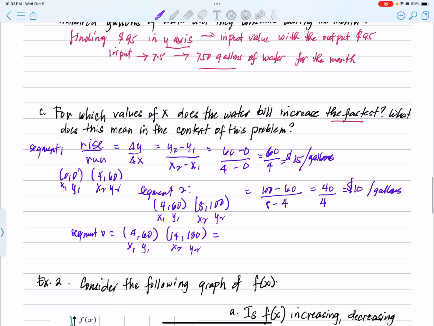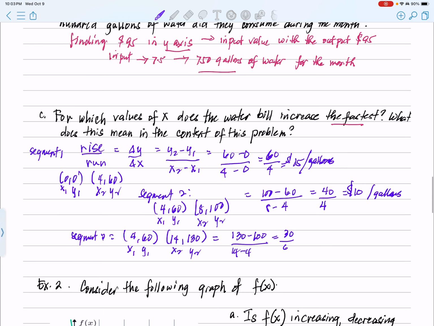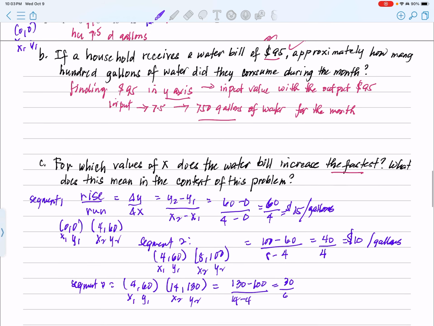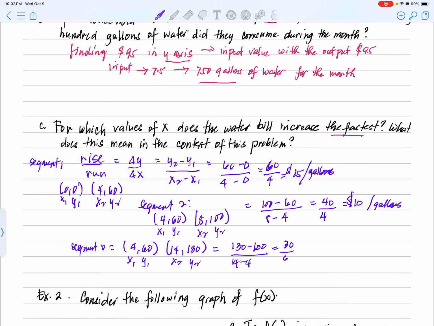So 130 minus 100, 14 minus 4, we have 30 over, 14 minus, what do you have here? 14 in x, 14 minus 8 is not 4.